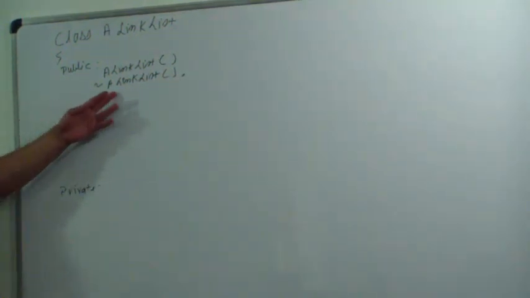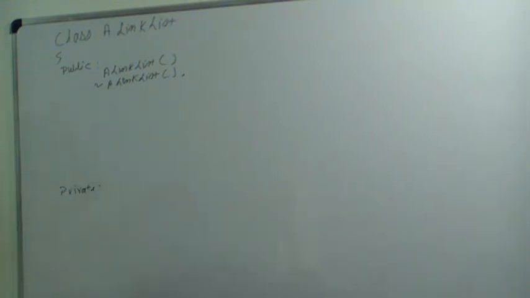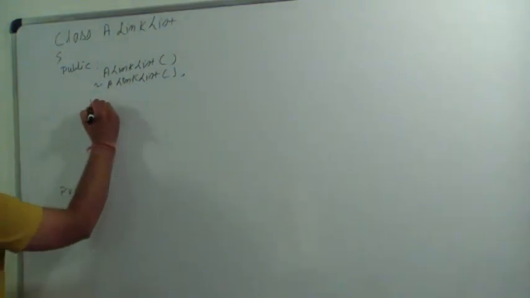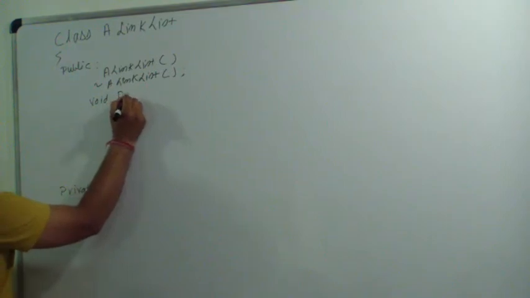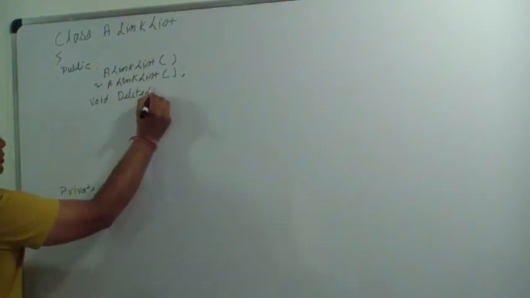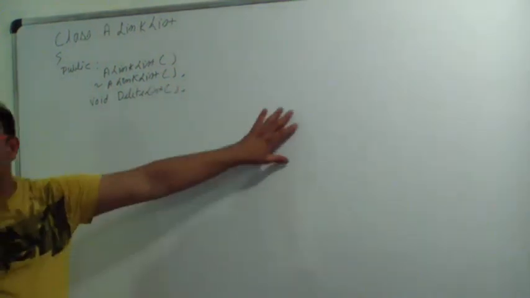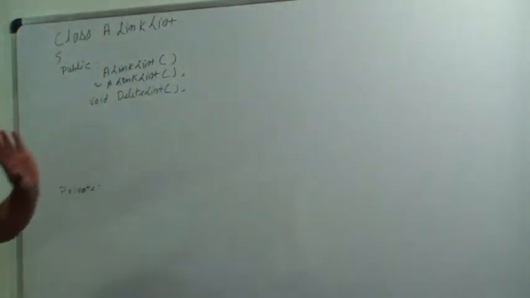The destructor will call a function, that is how I do it, void deleteList. DeleteList will delete the entire list. And you can stop me wherever if you don't understand.